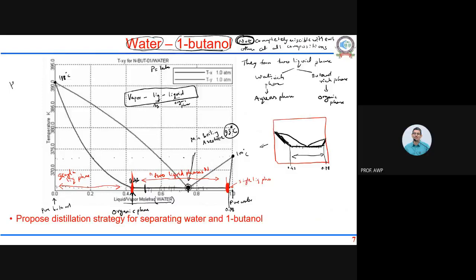Homework. Study VLL equilibrium from Sandler's book. Did you use Sandler's book for the thermo course? No, sir. Then which book did you use?